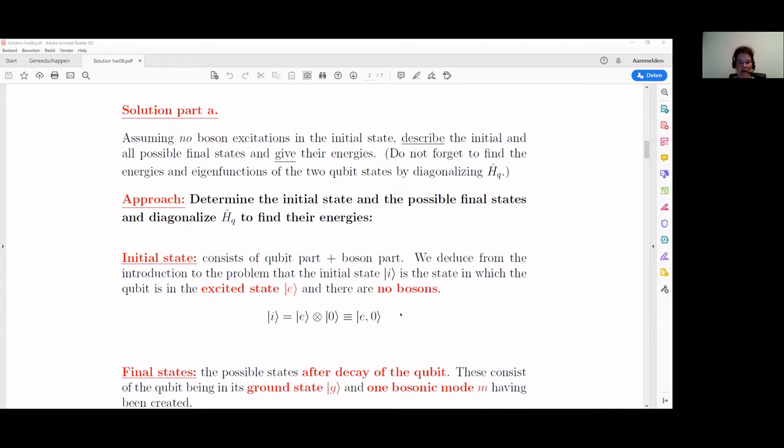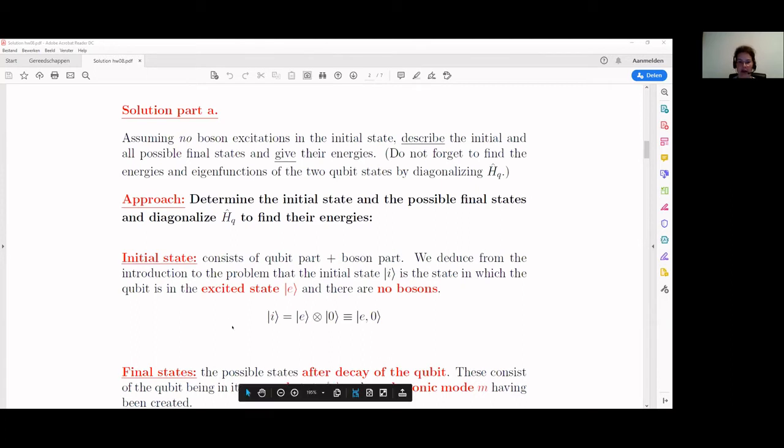So if something can decay, it must be in a higher state than the ground state for sure. So the initial state, if you read the problem well, should consist of the qubit being in the excited state. The qubit only has two possibilities. It can be in the ground state or in the excited state. And it starts out in its excited state. And it was also given that there are no bosons.